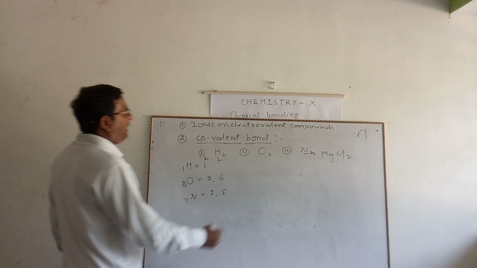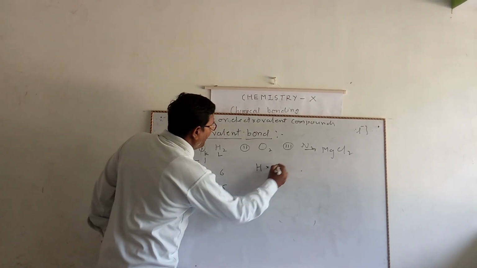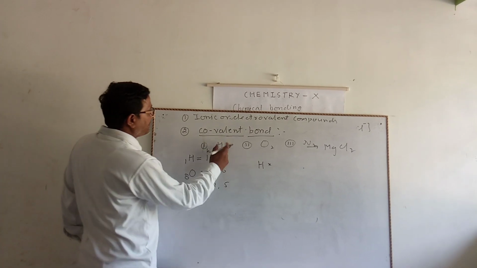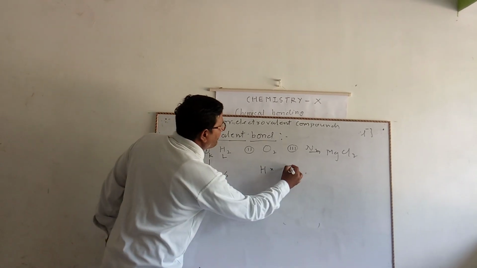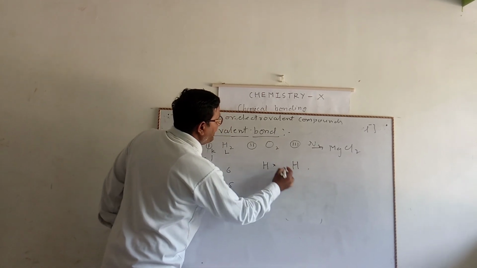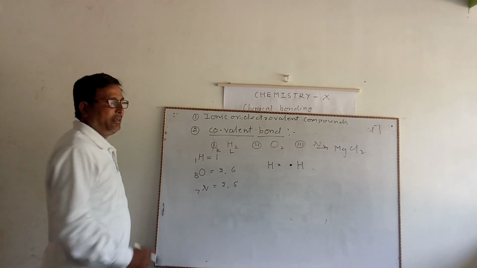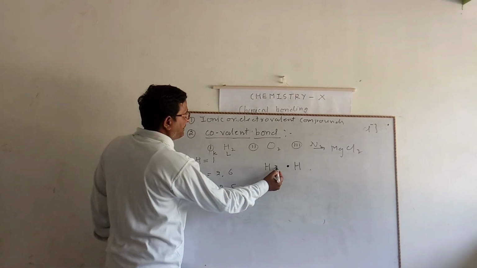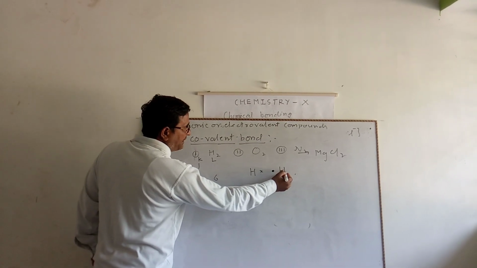See that hydrogen has only 1 electron in its valence shell. This is the formation of the hydrogen molecule: 1 hydrogen atom and 1 hydrogen atom, each having only 1 electron in its valence shell. The cross represents the electron of one hydrogen, the dot represents the electron of the other hydrogen.